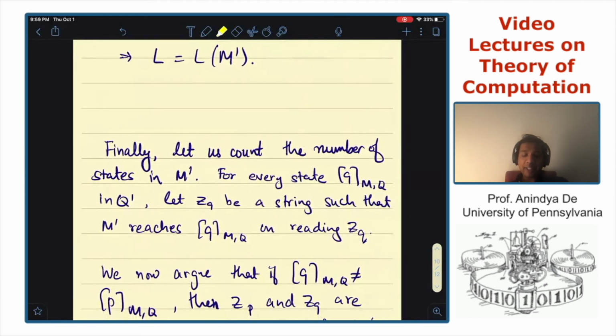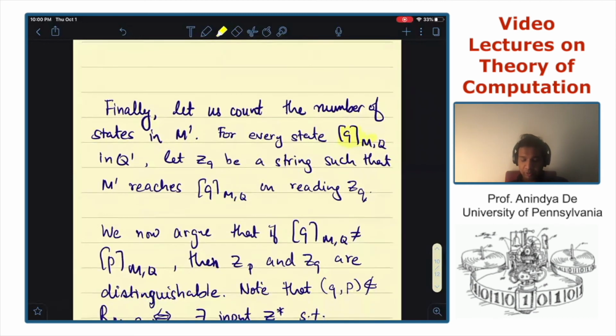Well, let us count the number of states in M prime. Suppose you take the state corresponding to the equivalence class of q, this [q]_{M,q}. Let us assume that it is reachable from the state corresponding to q naught.